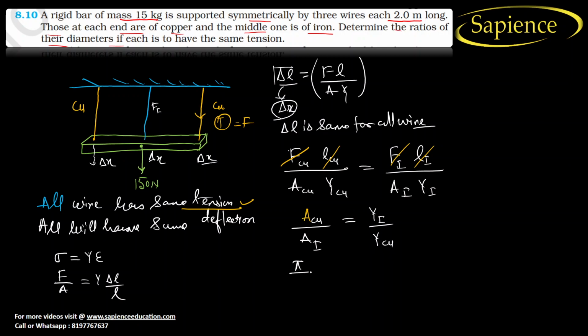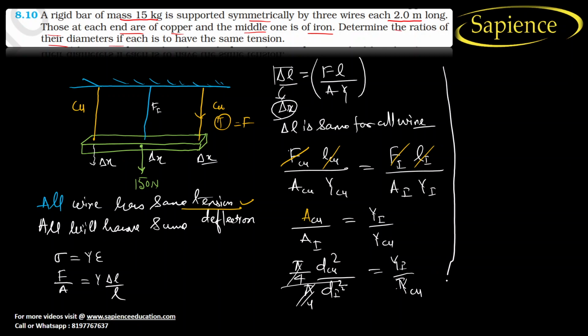Area for copper is equal to pi by 4 into diameter of the copper squared, divided by pi by 4 into diameter of the iron squared. Pi by 4 is common, so this will get cancelled out. So we have Young modulus of iron by Young modulus of copper. Now D of the copper divided by D of the iron, the ratio we want to find, will be equal to the root of Y of the iron divided by Y of the copper.